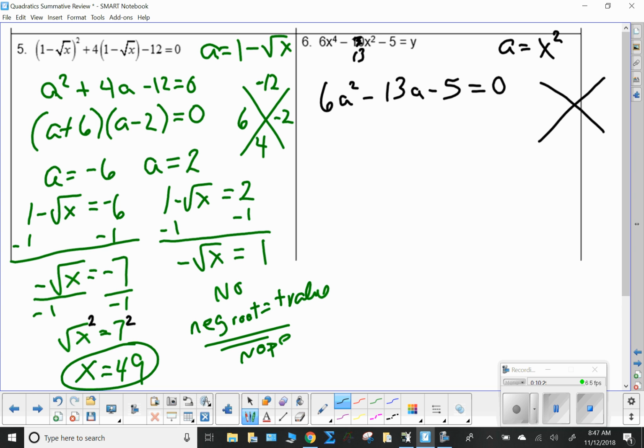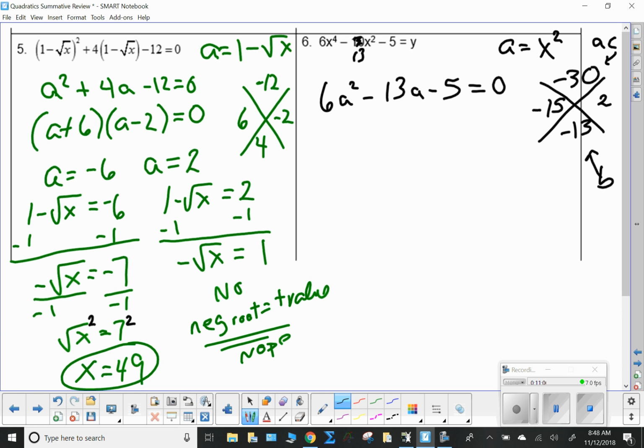Remember, you can always use quadratic formula, but here I can factor it. 6 times negative 5 is negative 30. This is a times c, goes in here. b goes here. This is the value, negative 13. I need factors of negative 30 that add to negative 13. That would be negative 15 and positive 2.